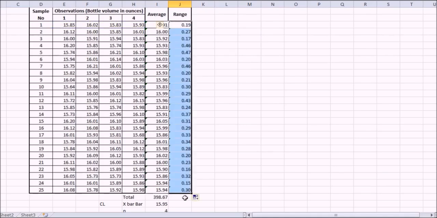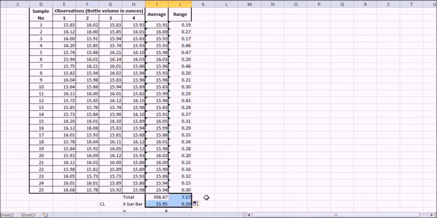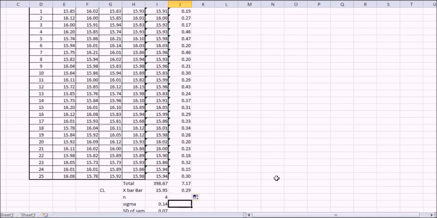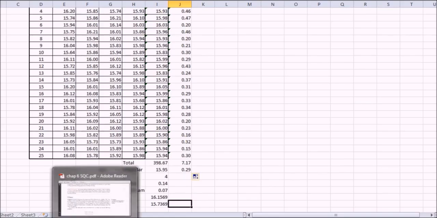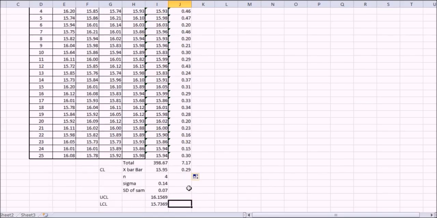Then we will calculate the total value of the range. Of course it will not be called X bar, it will rather be called R bar and R bar bar. So the central line now will be 0.29. To calculate the upper and lower limits, we have a formula for which we need the chart.